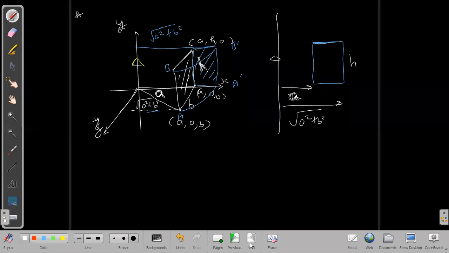Next, the same thing we can do if it is not a square also. If it is a triangle, maybe I can make a triangle. I can take two points on the triangle. One point I will take somewhere in a different plane. What I will do now? I will take this point here, but not only this point.